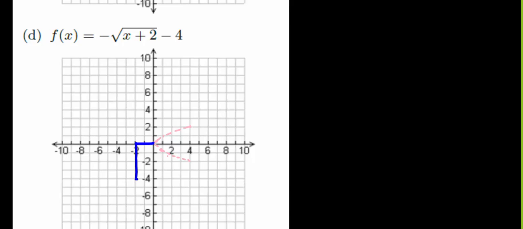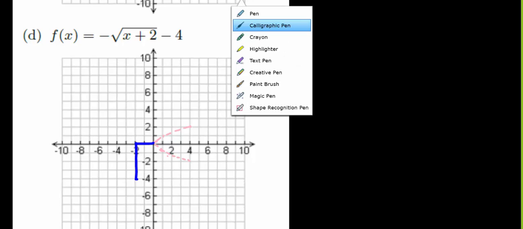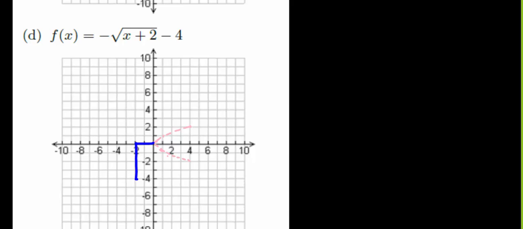So now I'm going to go like this, something like that. Oh, this up here, this V shape, I was just doing the flip. See, I did the upside down. So we've got 2 things. We've got the square root, the minus in front flips it, and then I moved it to the left 2 and down 4.